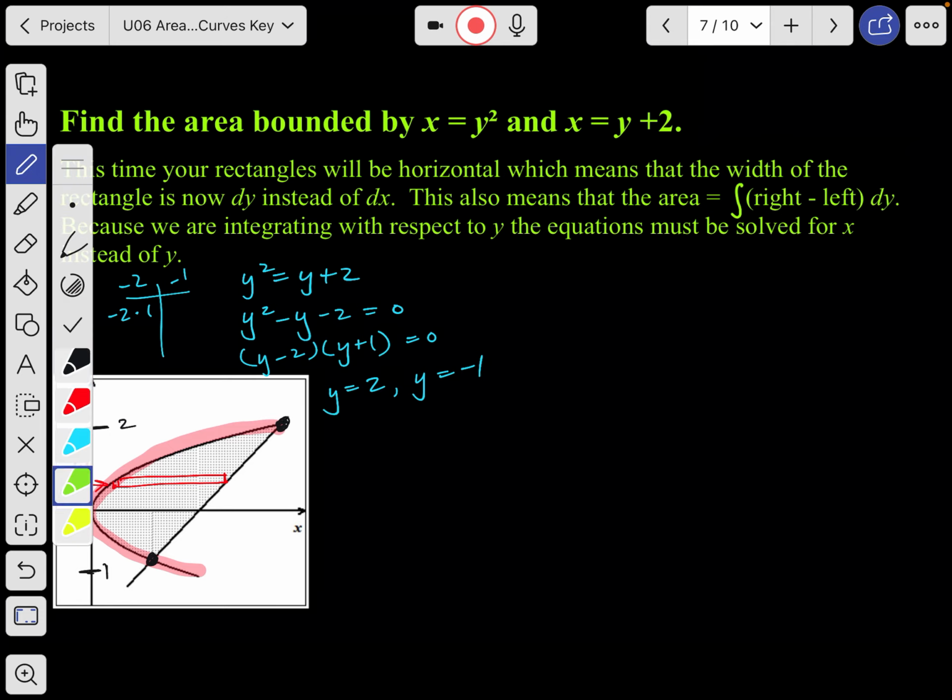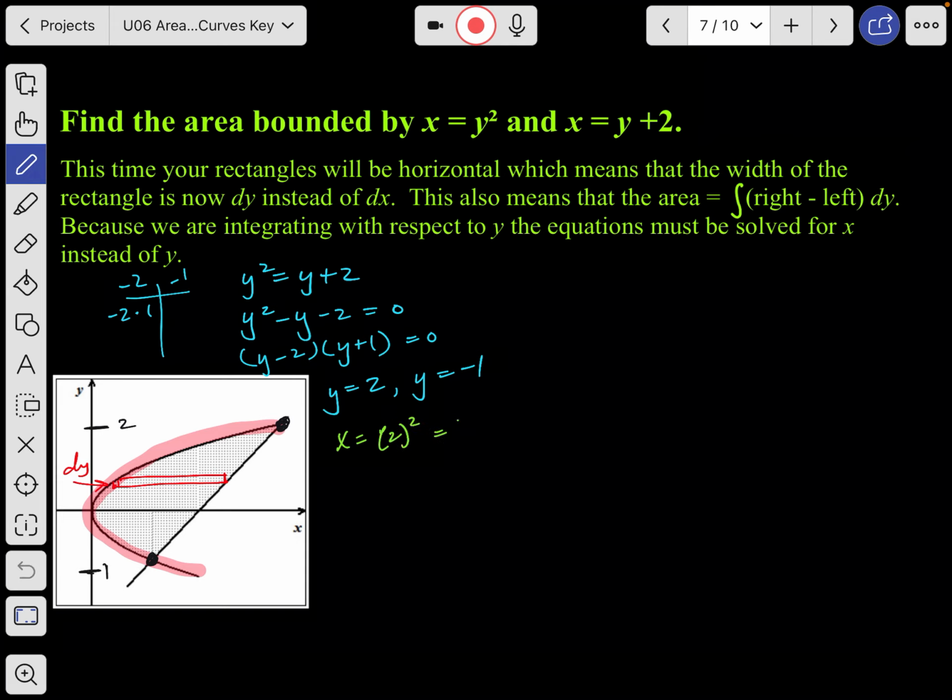Now I can find those coordinates by subbing in those y values. So if I do that, I've got x is equal to, well, the y squared, and so the x value is going to be 4. So this point here is going to give you 2, 4. And the point on the bottom, x is equal to y squared, so -1 squared, and so that's going to give you x is equal to 1.